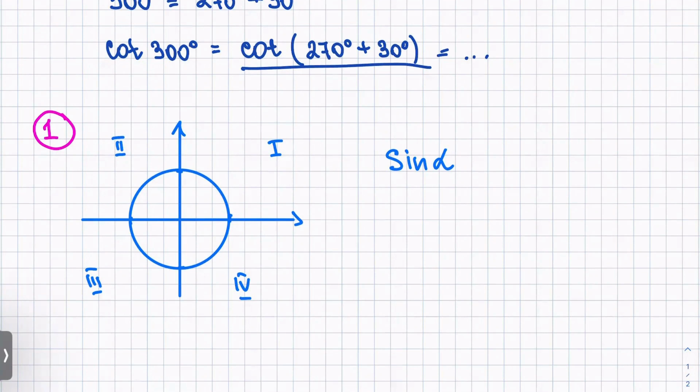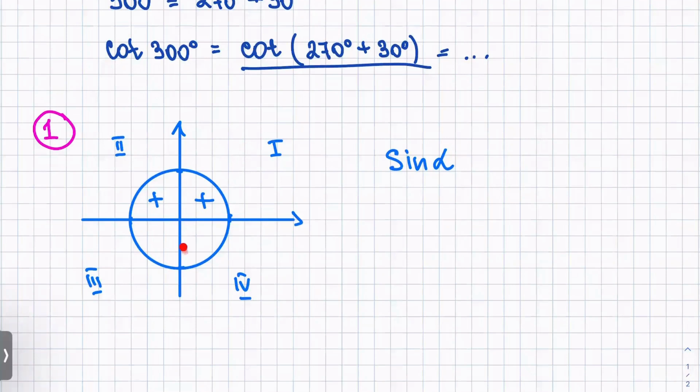If the y value in this specific quadrant is negative, then the sine function also has a negative value in that quadrant. Looking at the first quadrant, the y-axis, this vertical axis, has a positive value in the first quadrant and in the second quadrant. So for the sine function, we can immediately write that it has a positive value here and here. In the first and second quadrants, sine has positive values.